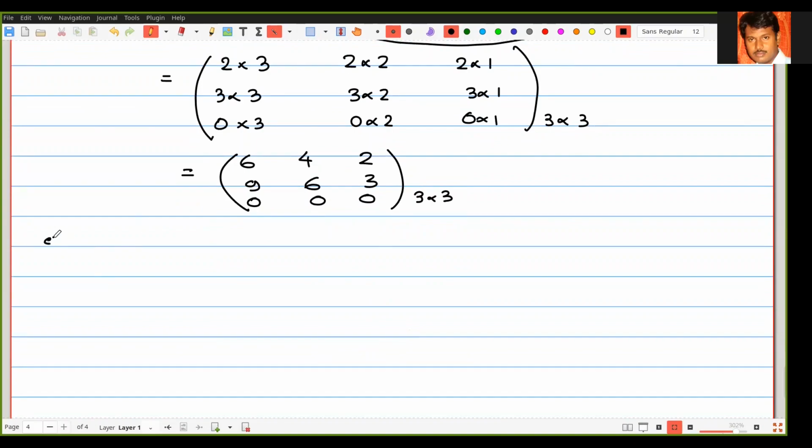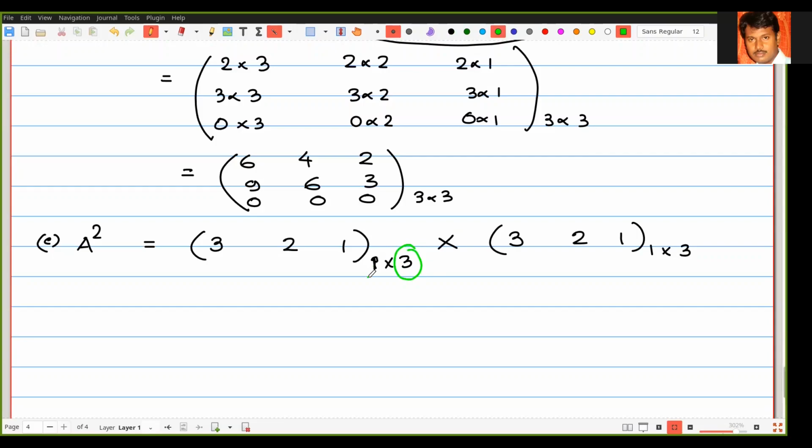Now for part C, that means A square. A square means [3, 2, 1] cross [3, 2, 1], which is 1 cross 3 times 1 cross 3. Here we check the column number of A on the left of the multiplication sign, which is 3, and the row number on the right is 1.